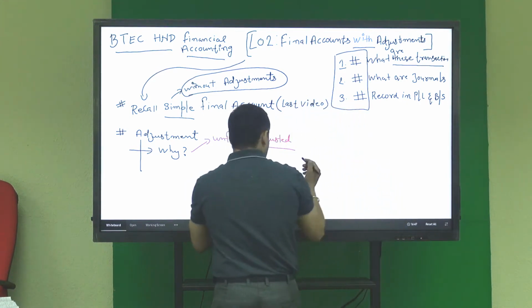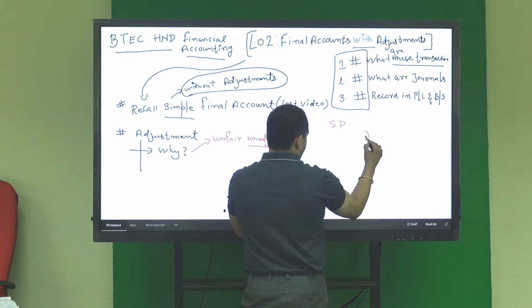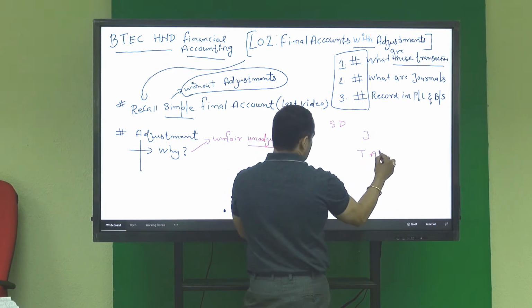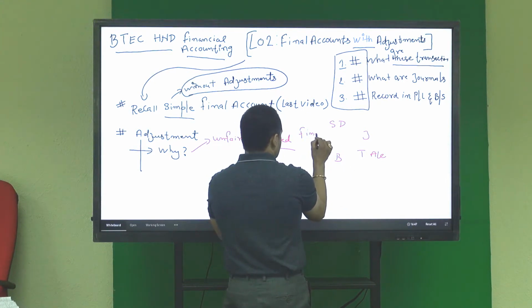So we have source documents, as I explained, we have journals, we have T accounts, we have the trial balance, and we have final accounts. All right?